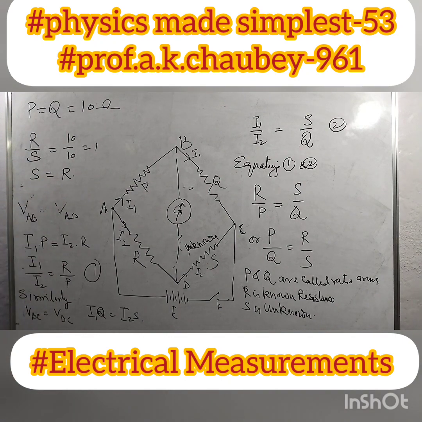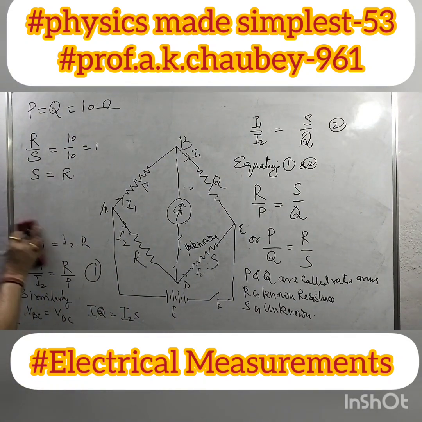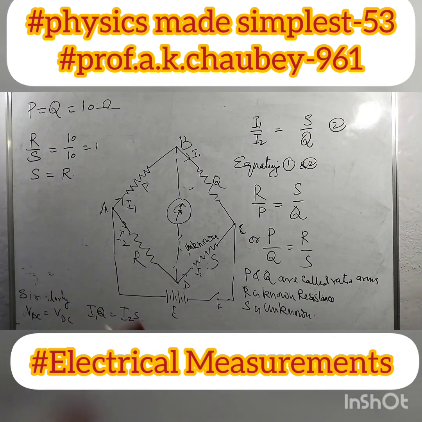That gives some value. To get a more accurate decimal point, what do we do? We change P or Q to increase the ratio. Say P is equal to 100 and we take Q is equal to 10.